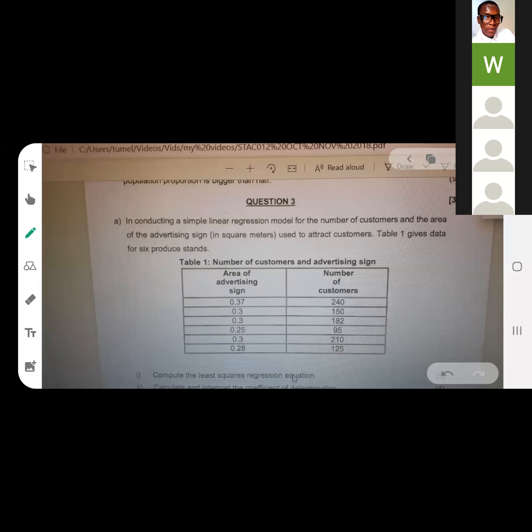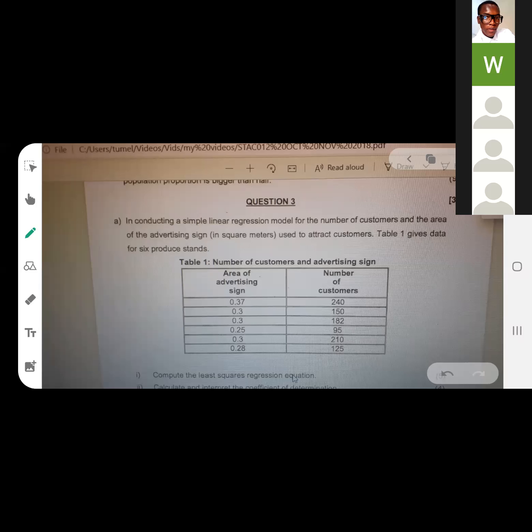What is the endogenous variable? What is the predictor variable? All those things. So you need to know how to identify them on your own. They won't tell you these are the values of X, these are the values of Y.